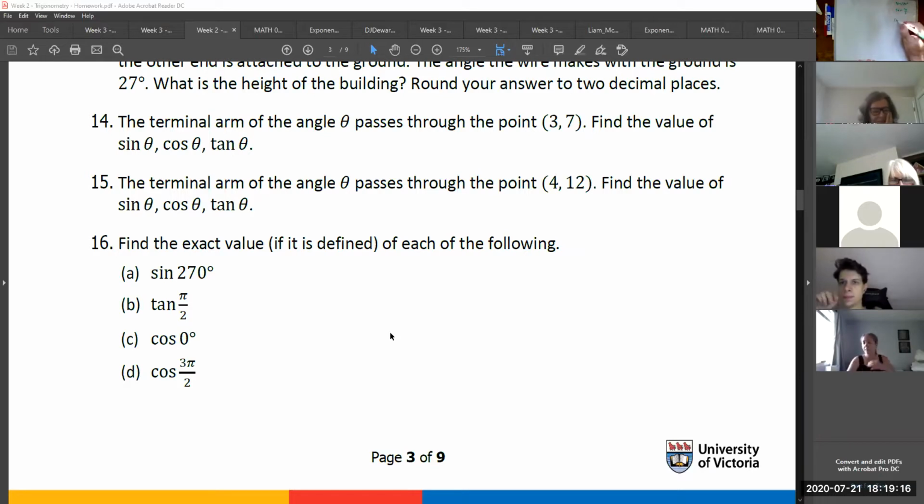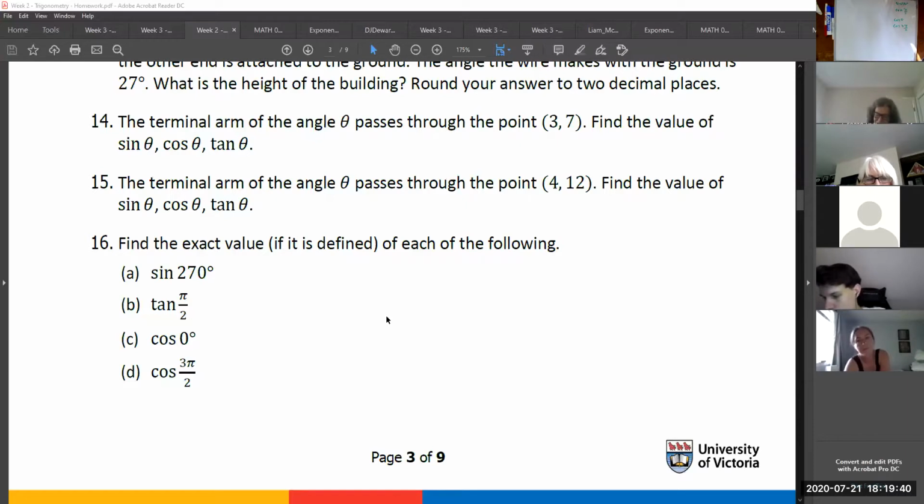We want to look at the cosine of 0. And then we want to look at the cosine of 3 pi over 2.